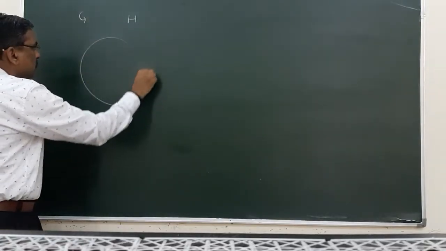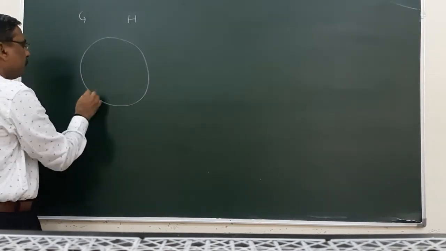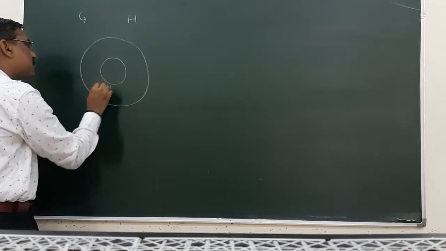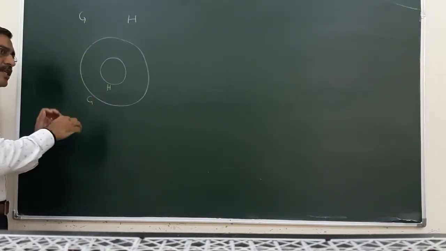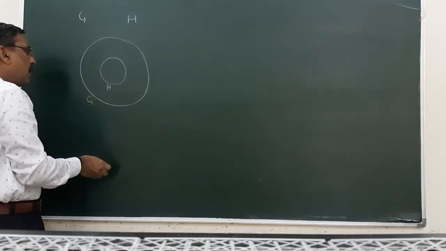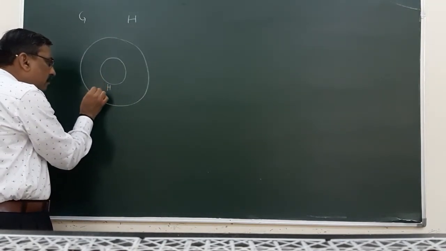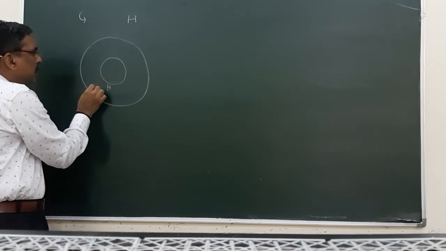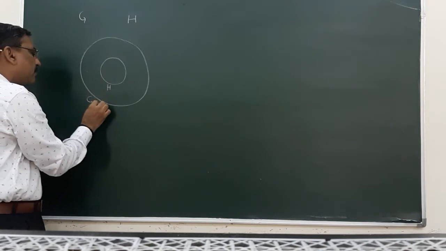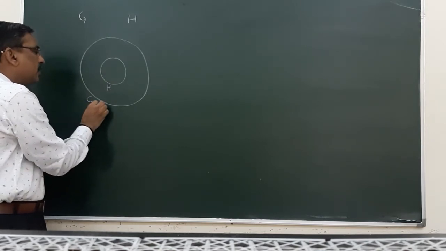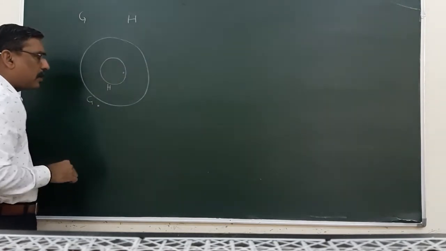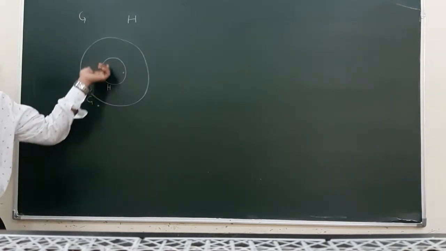This is the group G, and this is the subgroup, meaning a subset of G possessing the properties of a group along with the same binary operation. Say the binary operation for this group is multiplication. Then for multiplication, this is a subgroup.